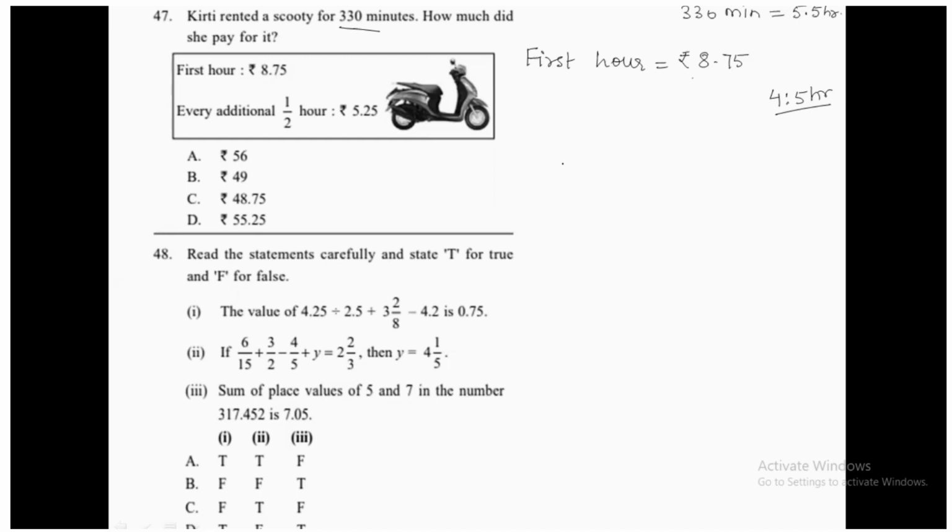For each half hour, she has to pay 5 rupees and 25 paise, and we are having 9 half hours. So how much will she pay? She will pay 9 multiplied by 5.25. So what do we get when we multiply 9 with 5.25?